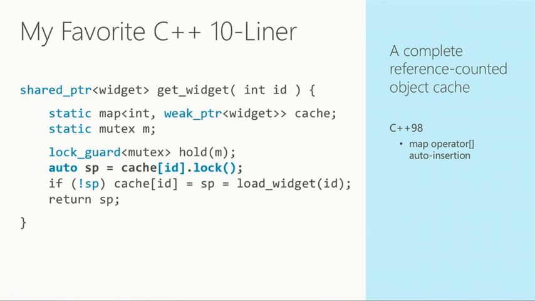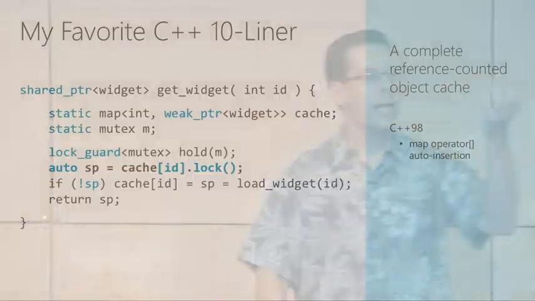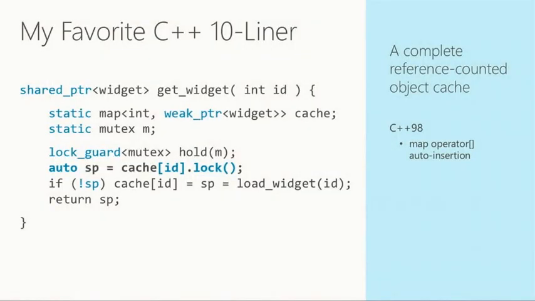And as long as there are shared pointers around, if someone else has an honest-to-goodness shared pointer, and you call .lock, that's thread safe, and it will atomically give you back a shared pointer now that you're participating. So if lock succeeds, so auto SP, if SP is true, then now I am holding onto it. And even if the other guy goes away, it's OK, because I can use it and hand it back again. So that's the one C++98 feature we're using.